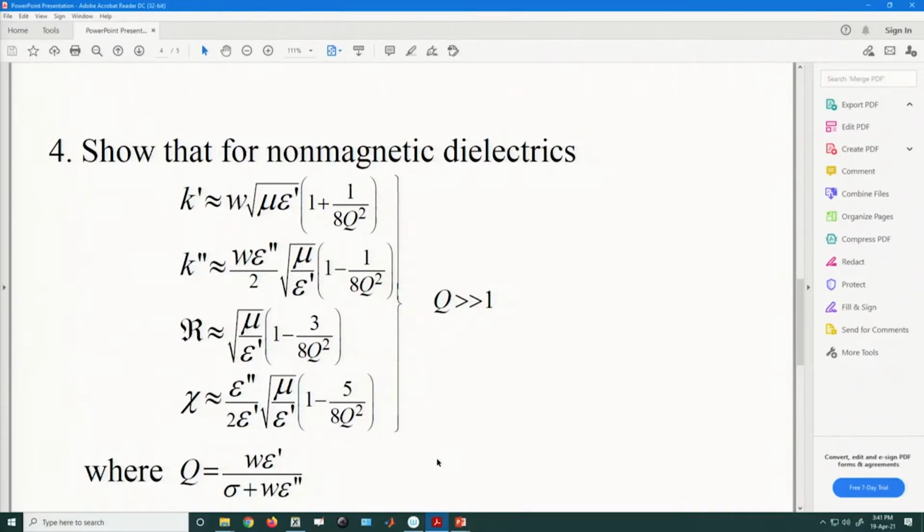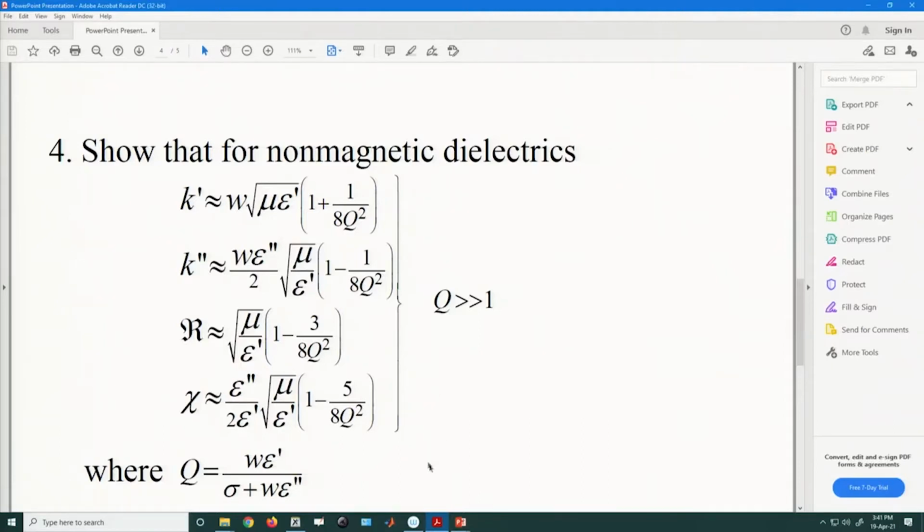R is given as root under of mu by epsilon prime 1 minus r by 8 q square, and x is given as epsilon double prime by 2 epsilon prime multiplied by root under of mu by epsilon prime 1 minus 5 by 8 q square, where q is the quality factor and is given by Q equals omega epsilon prime divided by sigma plus omega epsilon double prime.